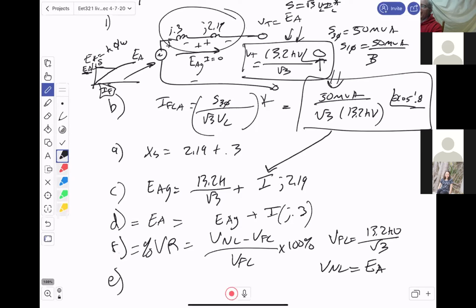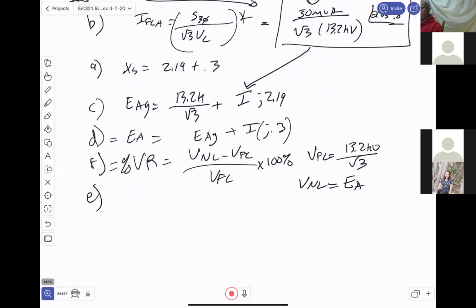And then E, what's the power angle? Is there a different term that we use? It is delta, right? It's the torque angle. So when you calculate EA, you have a magnitude, you also have an angle.